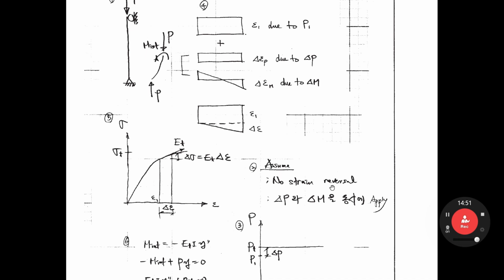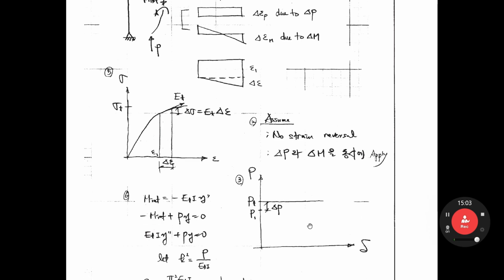So in this approach, we assume delta P and delta M are applied at the same time. It means we consider the loading P1. P1 is just before the buckling load. PT is the buckling load, the inelastic buckling load, the tangent buckling load. P1 is just before this buckling load.